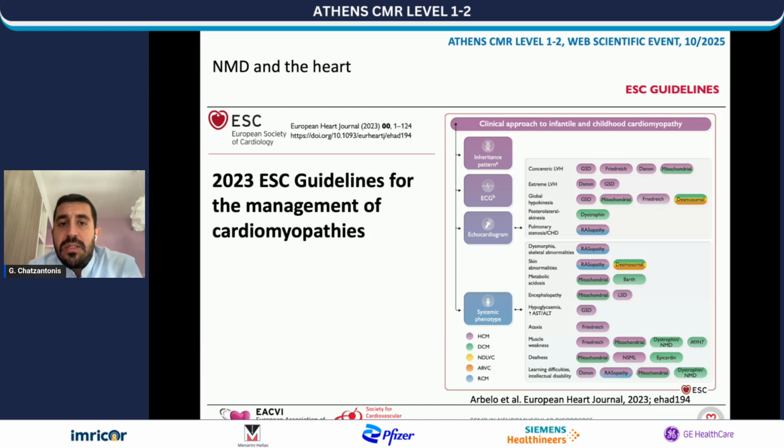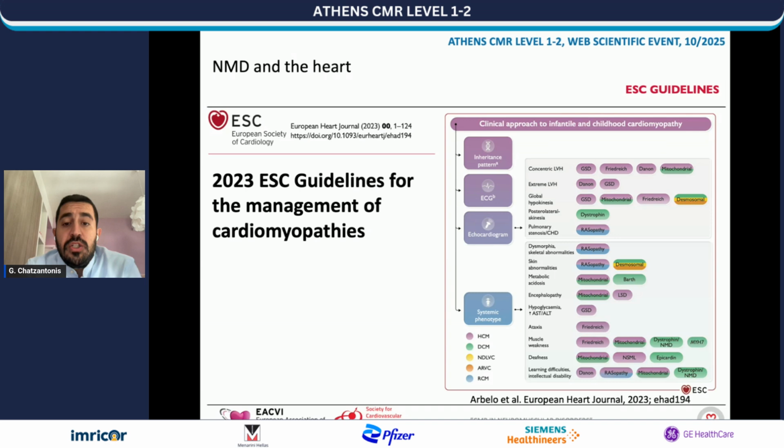Naturally, these patients don't have only cardiac involvement, they have a systemic phenotype, and we do it as cardiologists vice versa. We get the image, we see the cardiac problem, and we should assess the phenotype in order to match the puzzle and help the patient and the colleagues in further investigation.